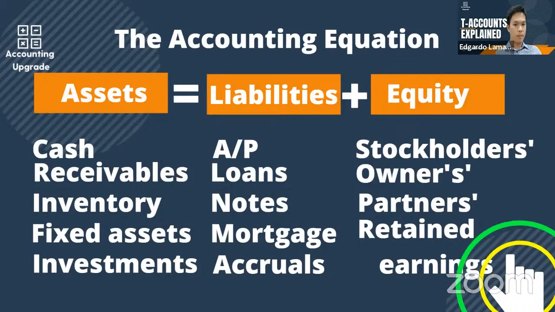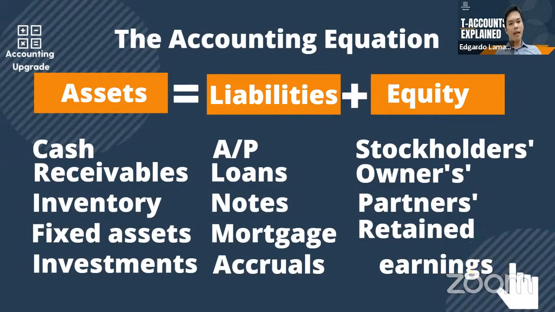For a partnership, it is called partners' equity. And for the accumulated profits, it is called retained earnings. This accounting equation is always balanced. Let's have an example so that we can really understand how the accounting equation works.